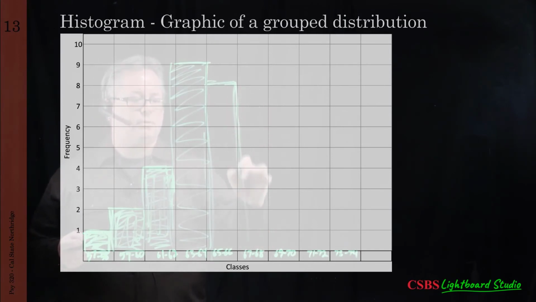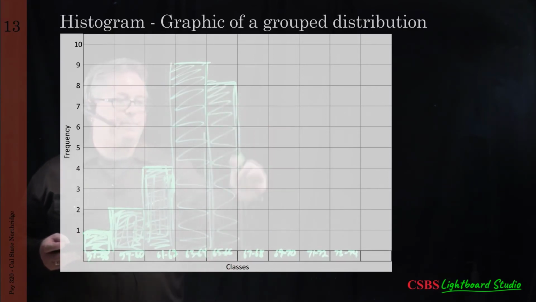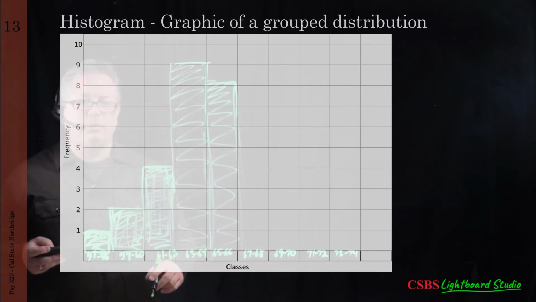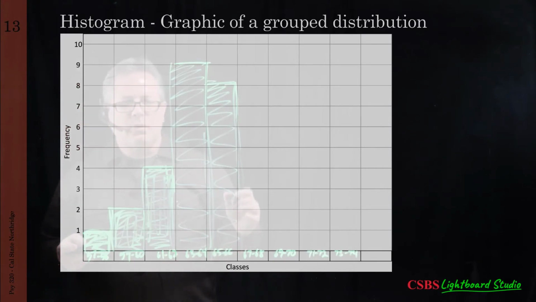Okay, so there's the next category. Okay. Next one had 6. Just here.